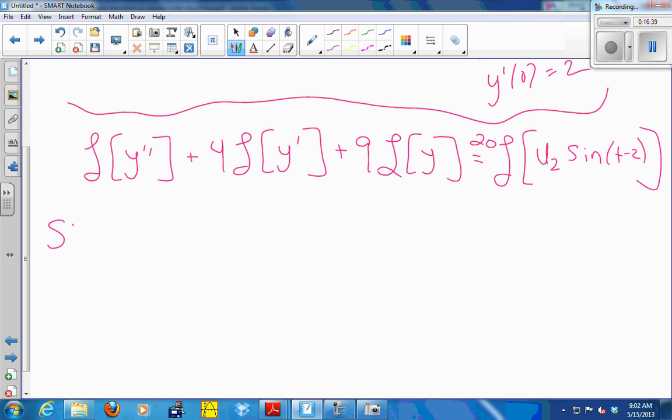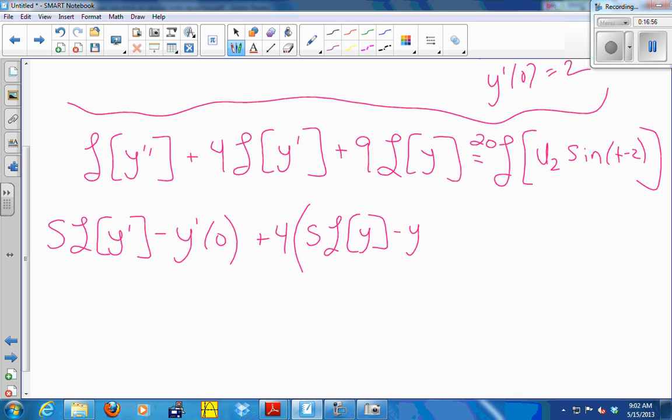So this would be s times the Laplace of y prime minus y prime at 0. That's the Laplace of y double prime. The Laplace of y prime would be s times the Laplace of y minus y of 0, plus 9 times the Laplace of y.